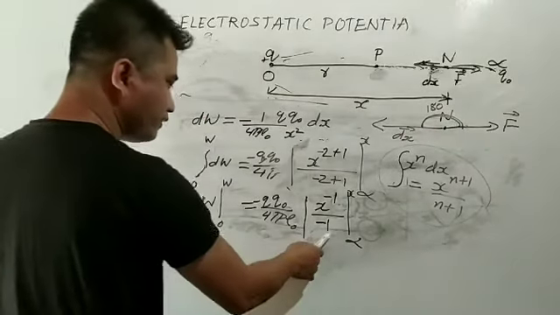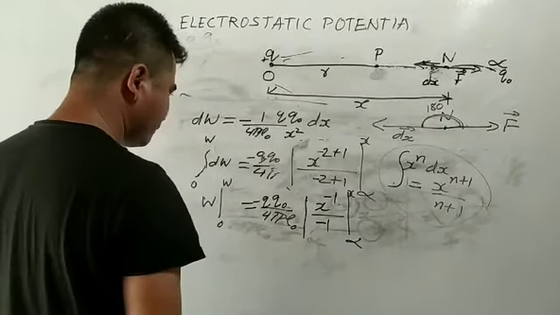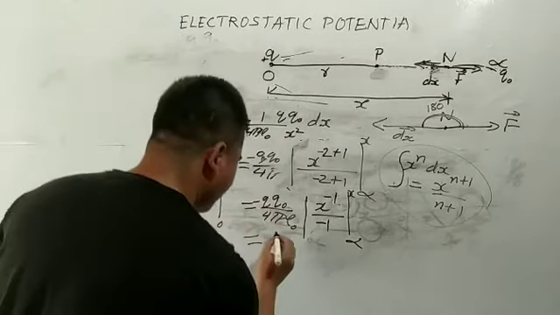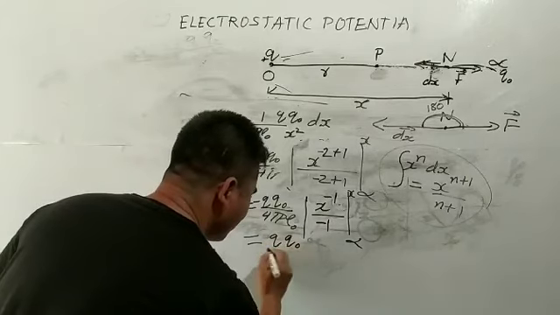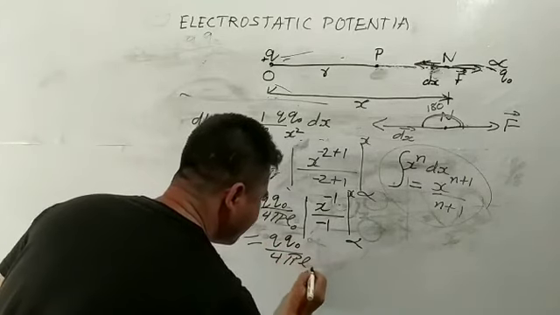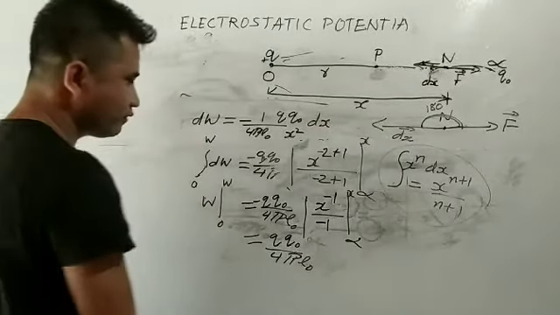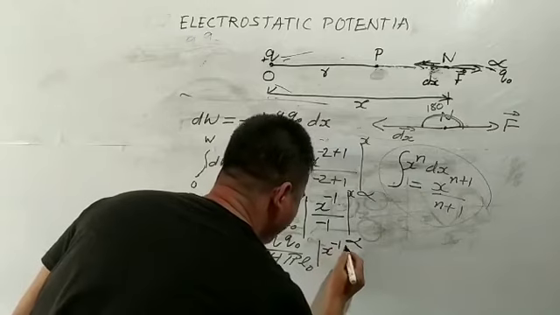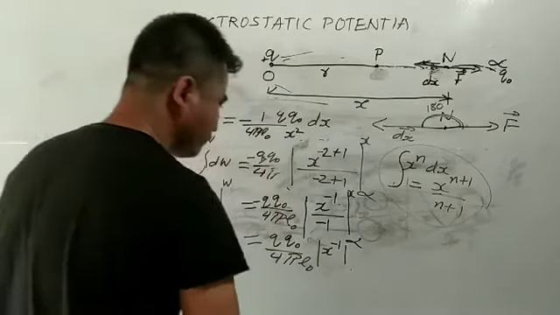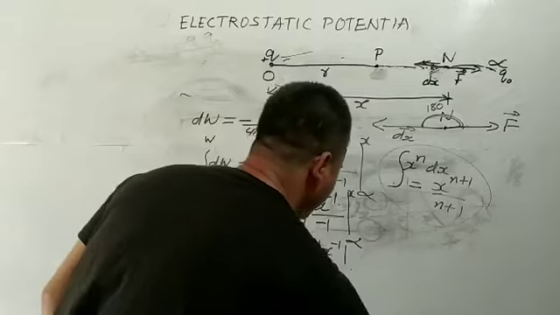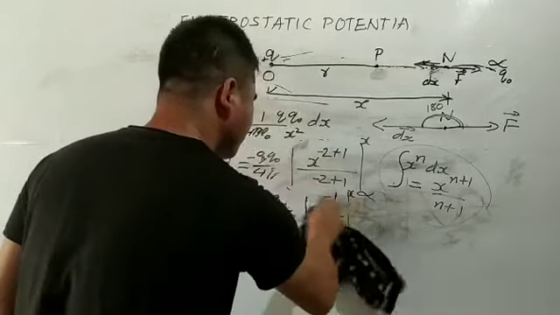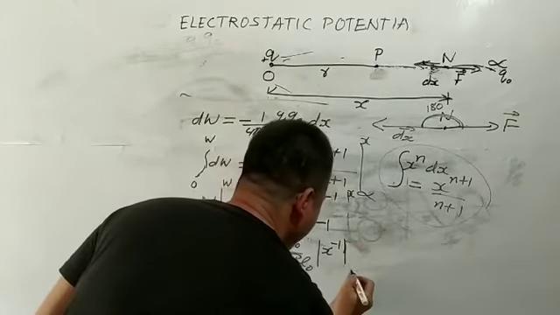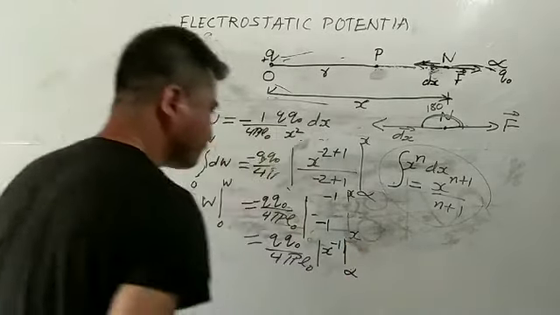This minus 1 is constant, we can take it outside. If you take it outside, then this minus and this minus will cancel, so you will get Q naught by 4 pi epsilon naught, and then we have x to the power minus 1 from infinity to x.